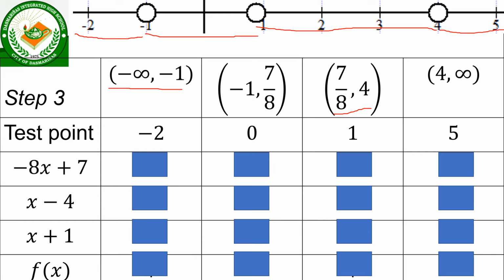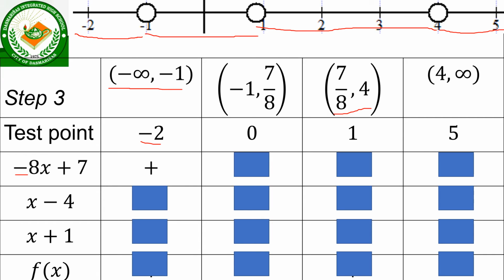Now, let us substitute negative 2 to x. Negative 2 multiplied by negative 8, negative times negative, positive. Okay, positive 16 plus 7, it will be 23. But what we want here is just the sign. So it will be plus or positive.